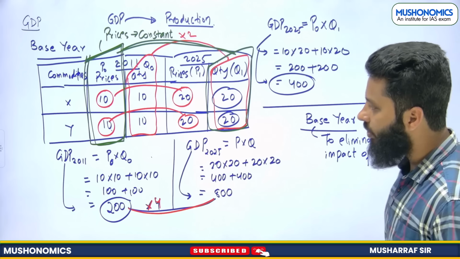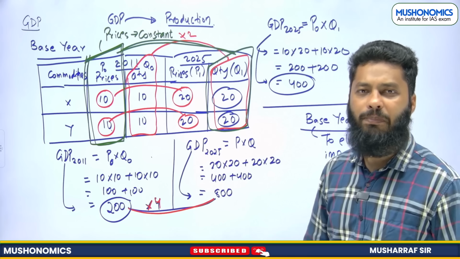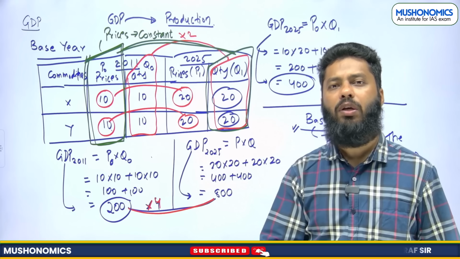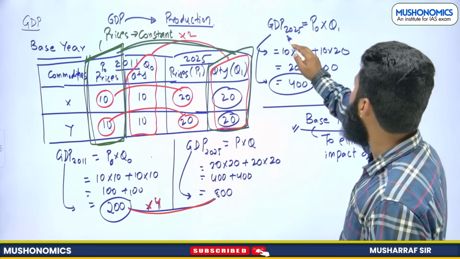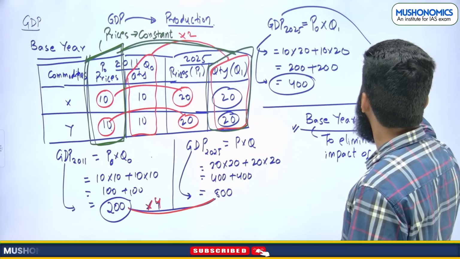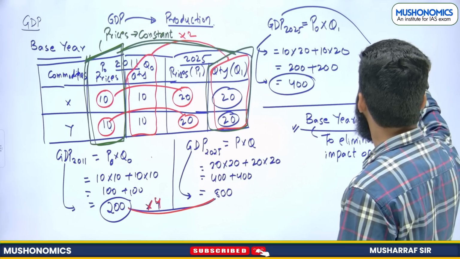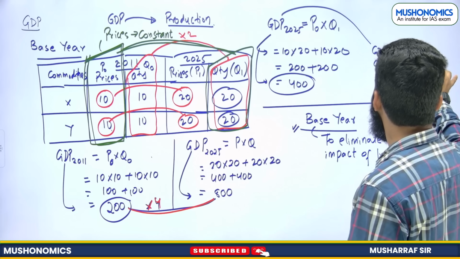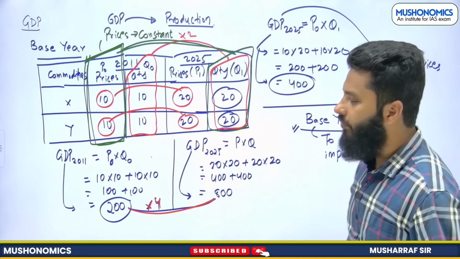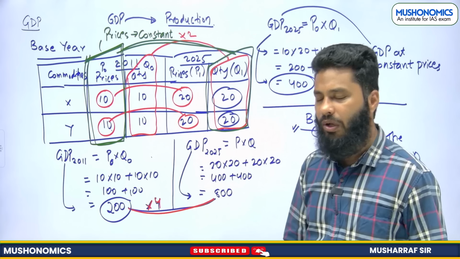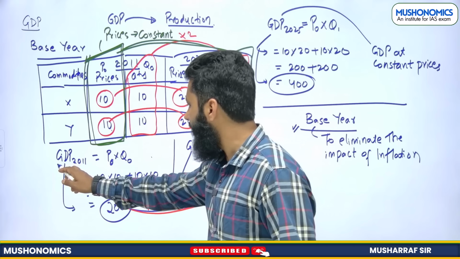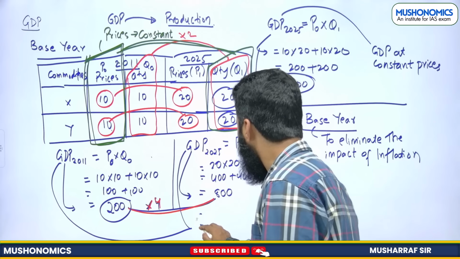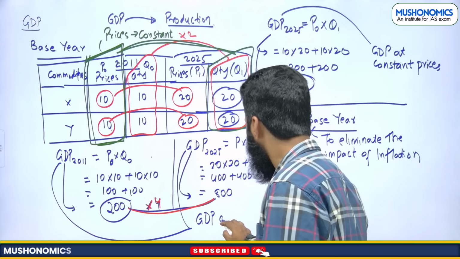Now there are different terms for GDP. When you use a base year and keep prices constant, this GDP is known as GDP at constant prices. When we are not keeping prices constant, for example this GDP and this GDP, these are known as GDP at current prices.